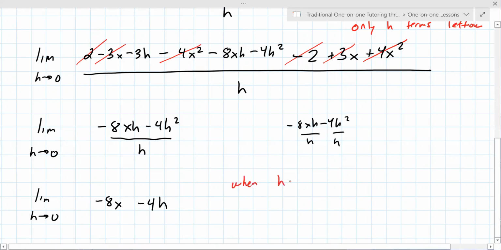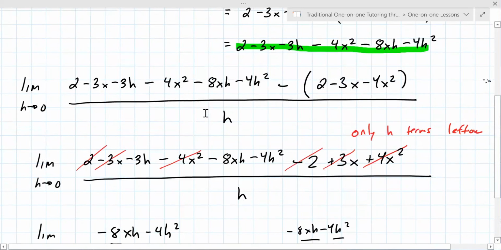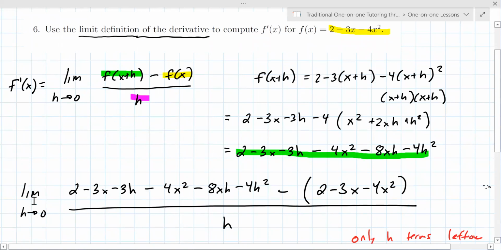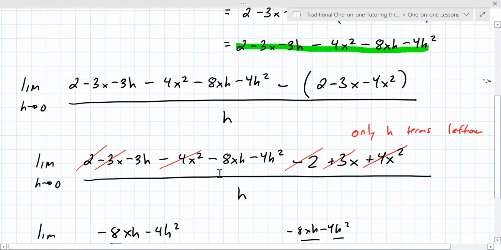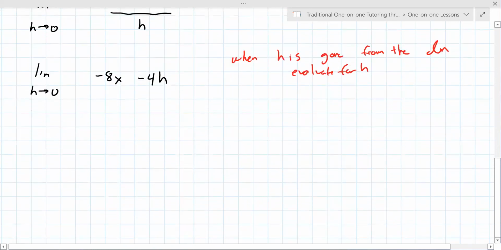When h is gone from the denominator, you just evaluate for h now. Because the issue is, if you go back to the original, when you put 0 in for h, you're dividing by 0. But finally you get to the place where you're not dividing by 0.